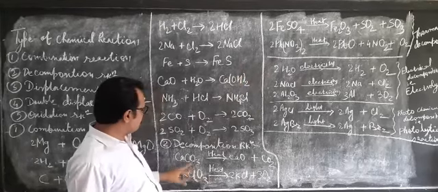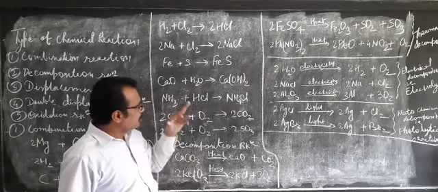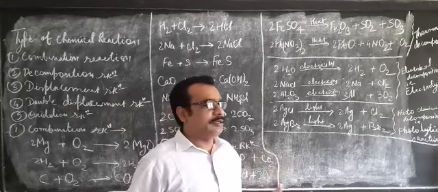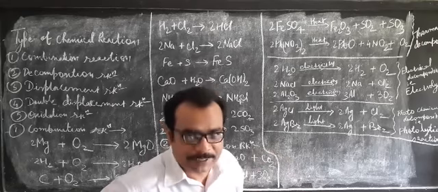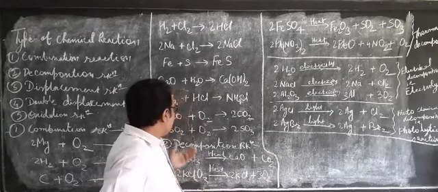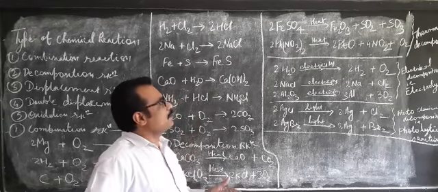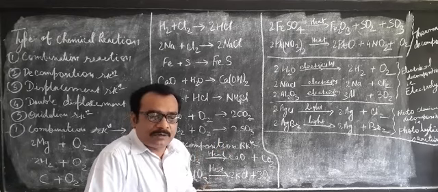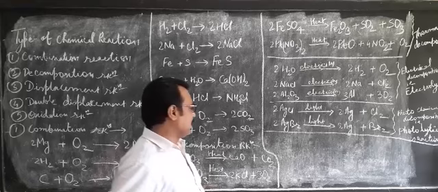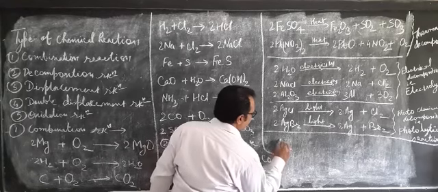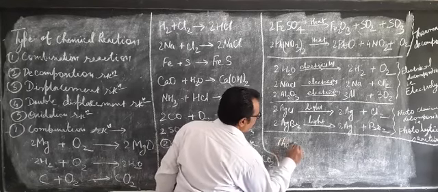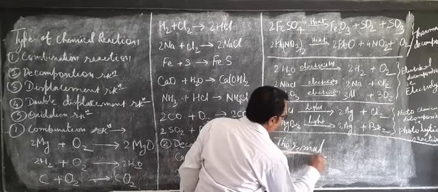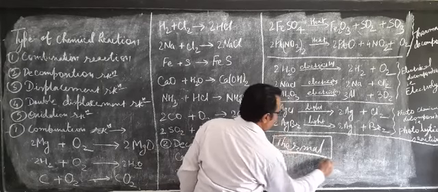So that means these four reactions take place when the heat is applied. That means under the influence of heat energy, this decomposition reaction takes place. So such type of decomposition reactions are known as thermal decomposition.